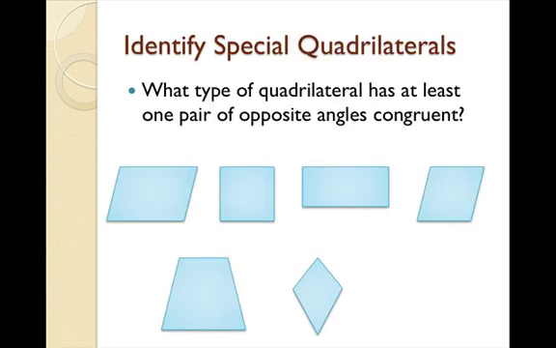On this slide, we've got a question, and we want to find out what type of quadrilateral has at least one pair of opposite angles congruent. Below, you'll see all of the different kinds of quadrilaterals that we've learned in Chapter 8.